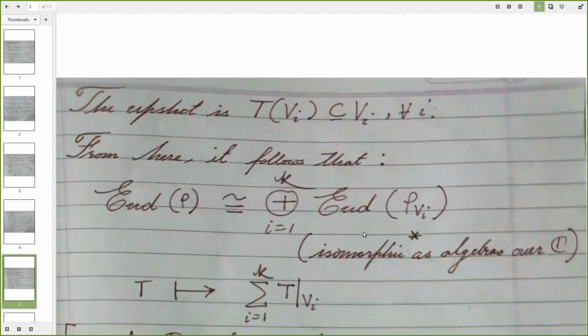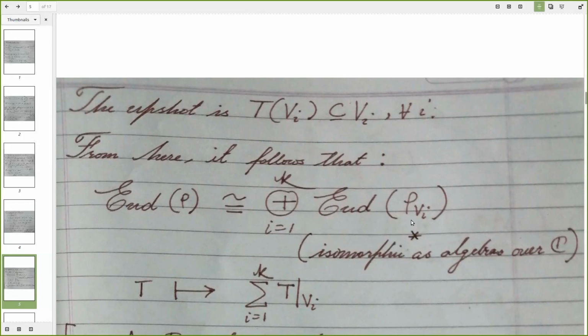Okay. So now from here, I leave this to you to convince yourself, in the sense that you have to verify the small details that show the endomorphism algebra is actually the direct sum of these algebras.